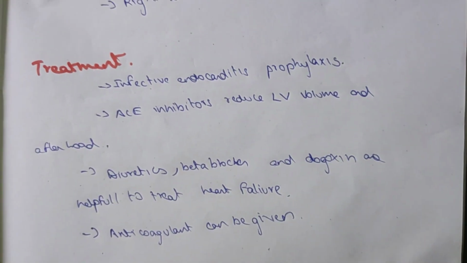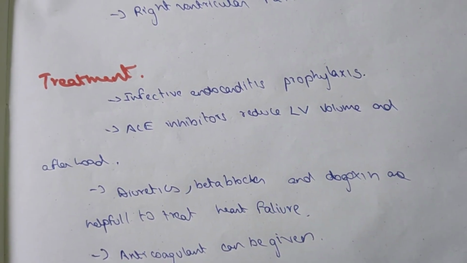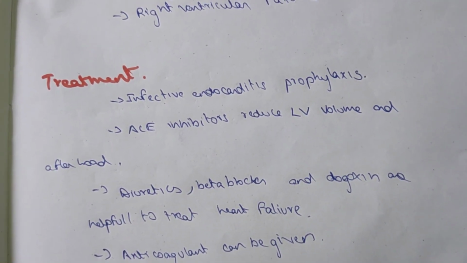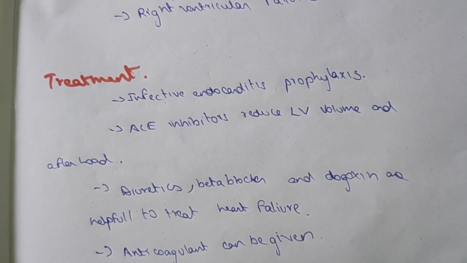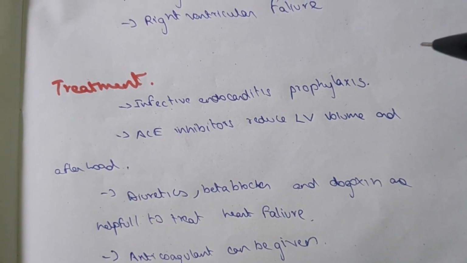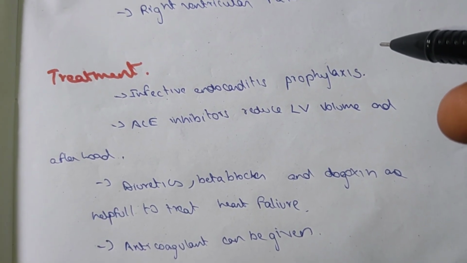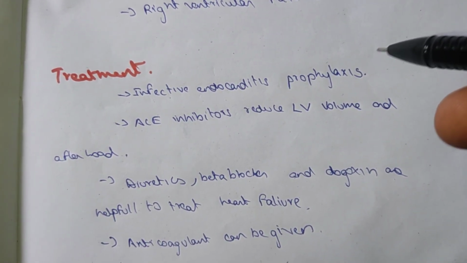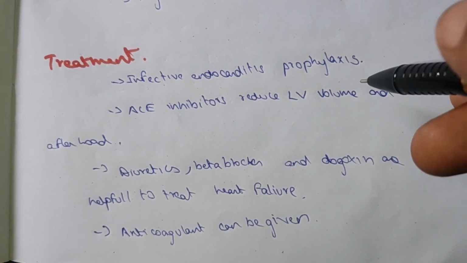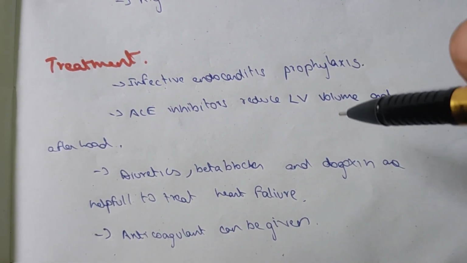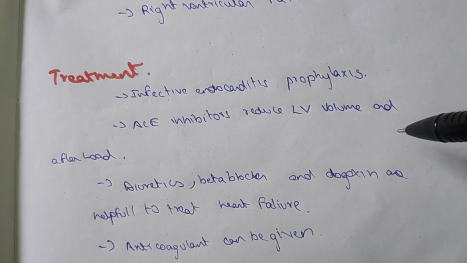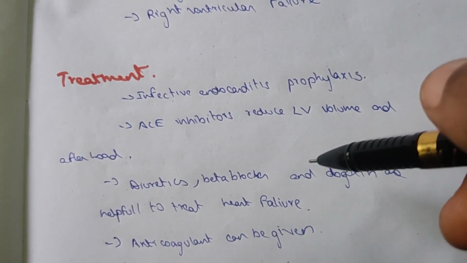The treatment includes infective endocarditis prophylaxis, which I have explained already in the video. Please do watch it. When the cause of mitral regurgitation is infective endocarditis, the infective endocarditis treatment can also be taken. ACE inhibitors reduce the left ventricular volume and the afterload.